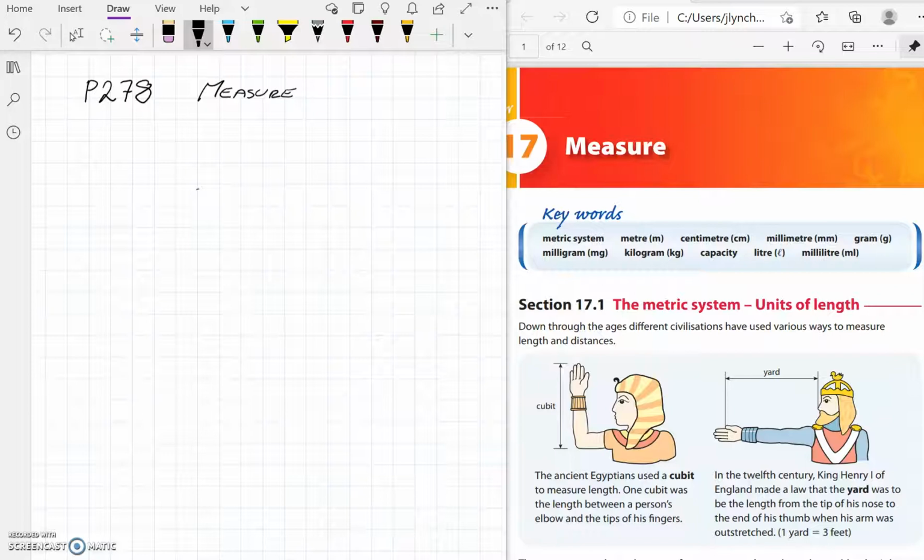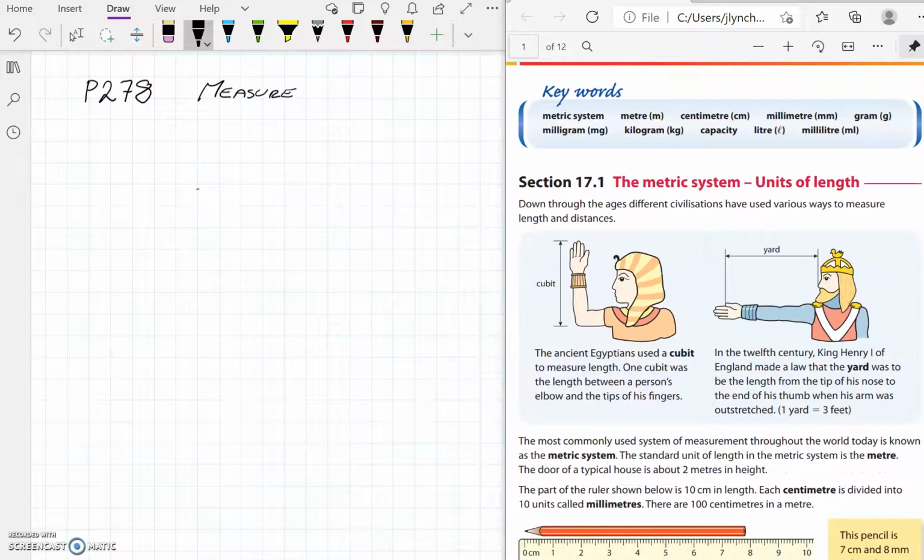Okay, so firstly then what we're looking at is units of length. The smallest unit of length in the system we use is millimeters. You can go smaller than that, but we'll never use that. So we use millimeters, centimeters, meters, and then we have kilometers.